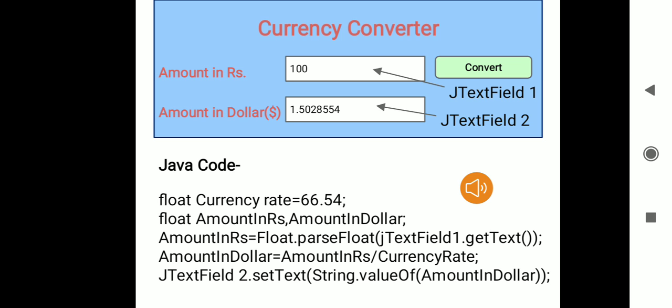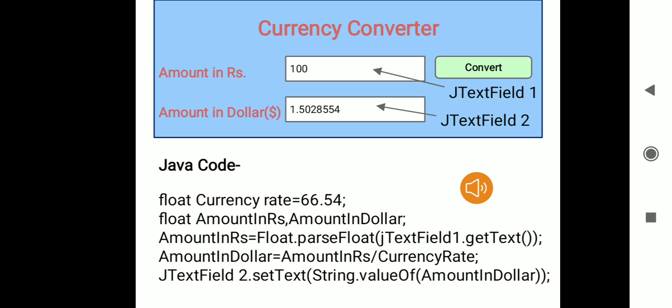Here the variable amount in RS, which holds the value 100.0, will be divided by the currency rate, that is 66.54. This is represented by the statement amount in RS divided by currency rate followed by a semicolon, where division is denoted by the symbol slash.